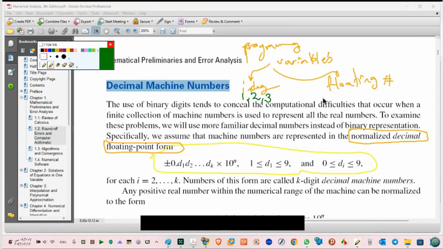Floating number means a number with decimals, for example pi, root of 2, log of 3. For integer, there is no error: 1, 2, 3, 4. For a floating number, we have pi, which is 3.1417, or 22 over 7. So we don't have the exact answer. So this is called floating point.